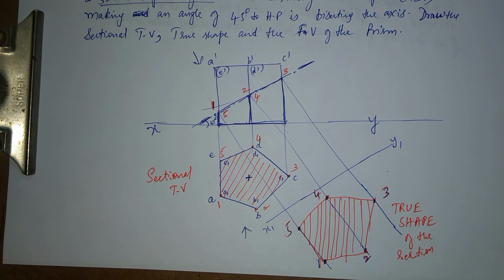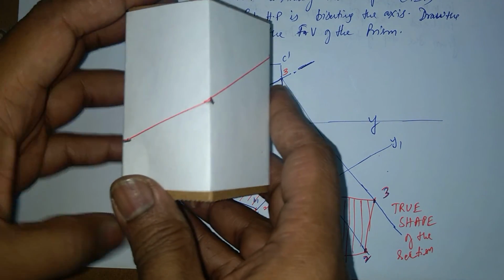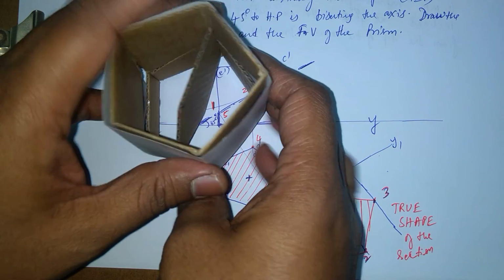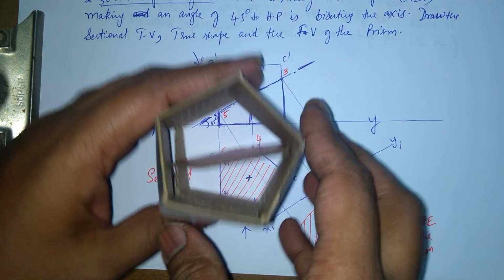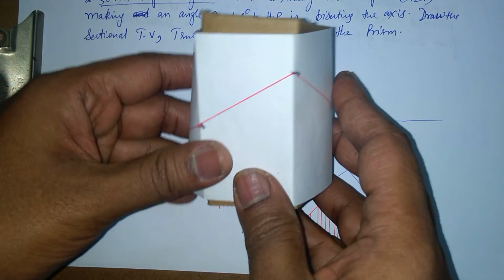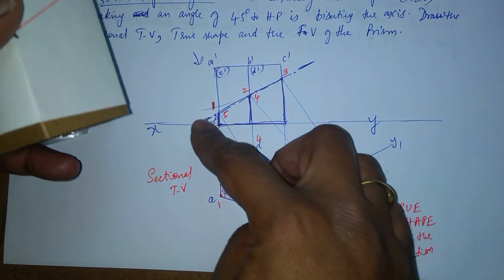This is your pentagonal prism. It has 5 sides, all 5 sides. This is how it is. Now this one was cut right here. These are the lines where it is cut.